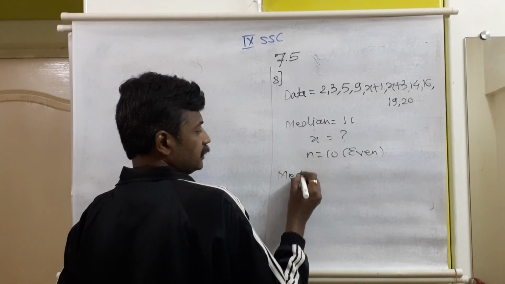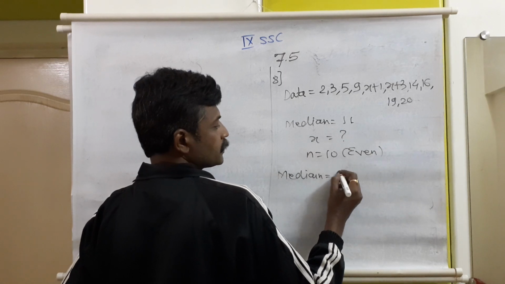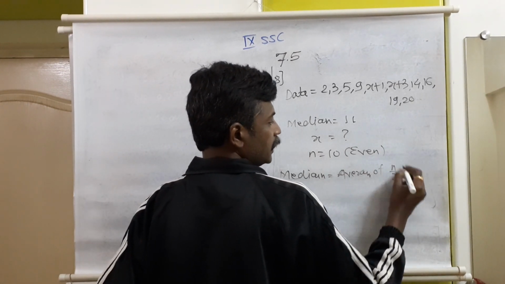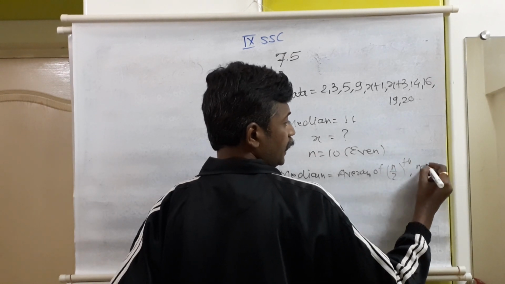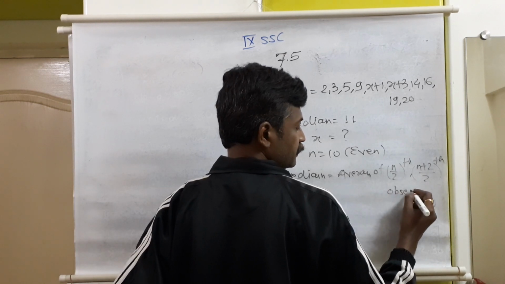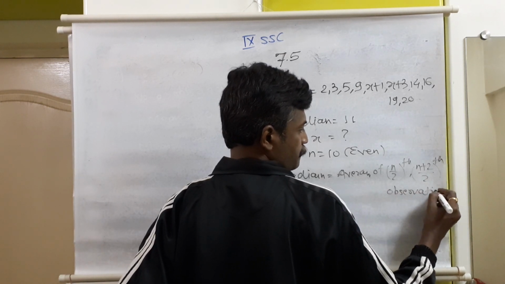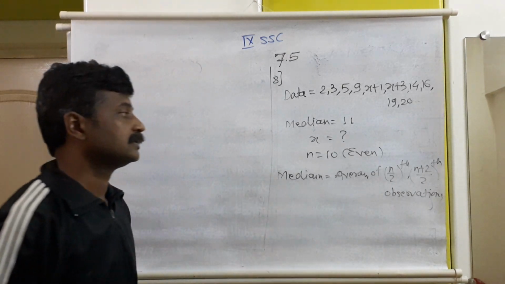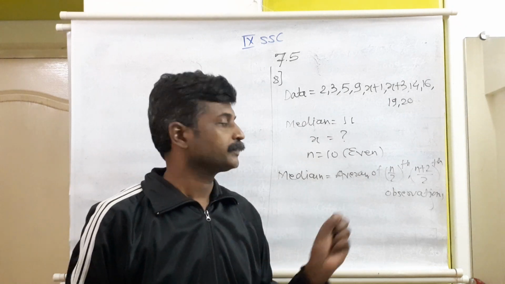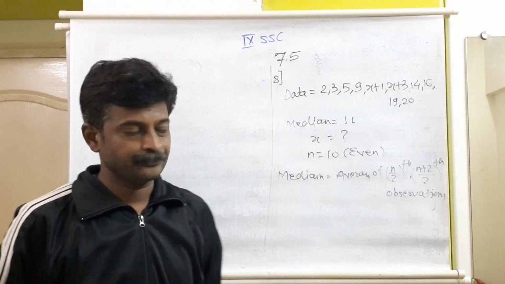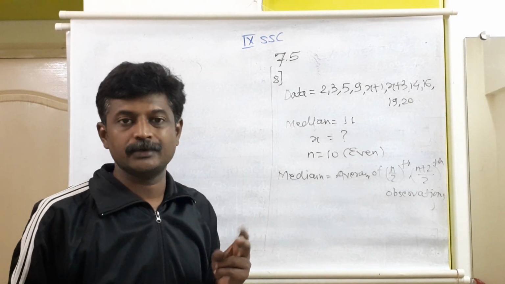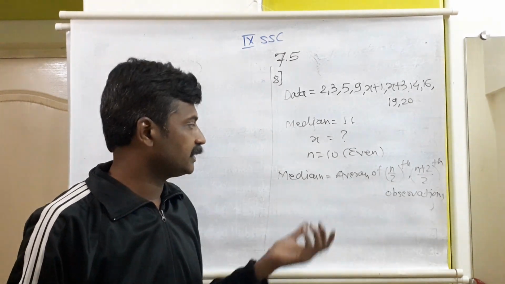Here the median will be equal to the average of the n upon 2 and (n plus 2) upon 2 position observations. Adding these two and dividing by 2, because we are taking two observations into consideration, we will get the median.